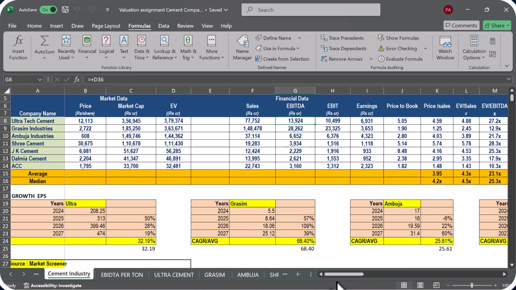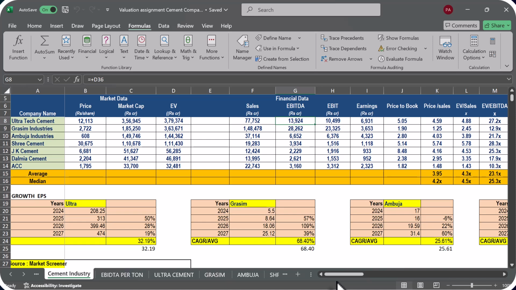Now, what is EBITDA? It is basically about how we make the profit and loss of a company. When we make the profit and loss of the company, we calculate the profit.